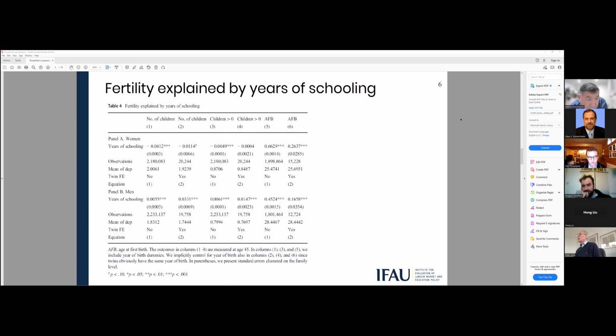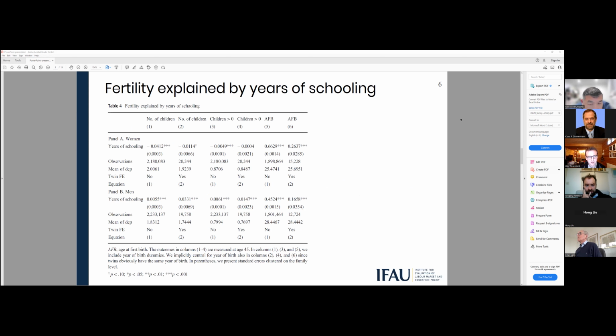Okay, so starting by explaining fertility by years of schooling, let's focus on column 1 here. In panel A, we have women. We see that we have a very strong negative association between years of schooling and number of children. When we go to column 2, the twin sample, where we include twin fixed effects, you see that this negative association is pushed in a positive direction, and it almost disappears.